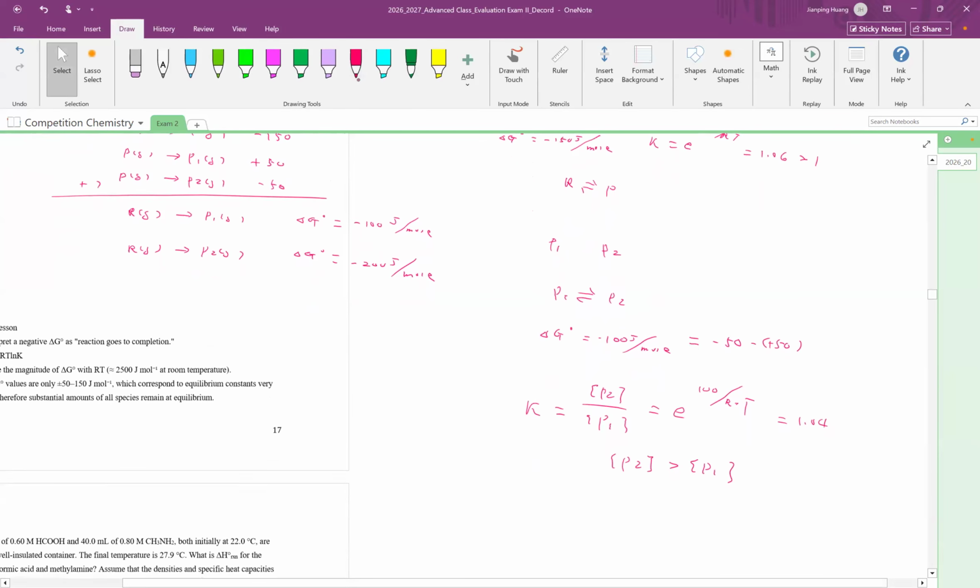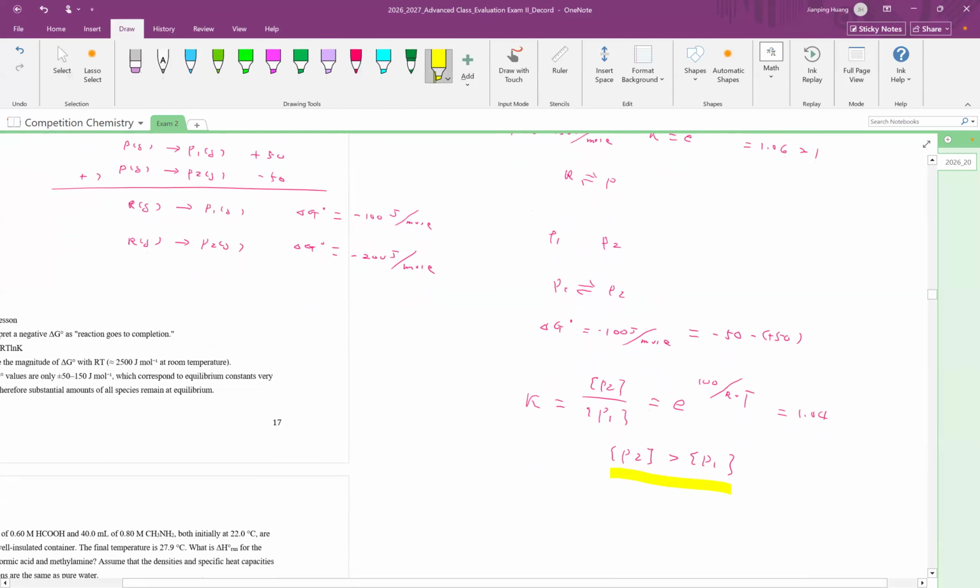Greater than Q1. Do you see? Be this one. Now here is a key. Since P1 and P2 are isomers, they have the same molar mass. Look at this one.